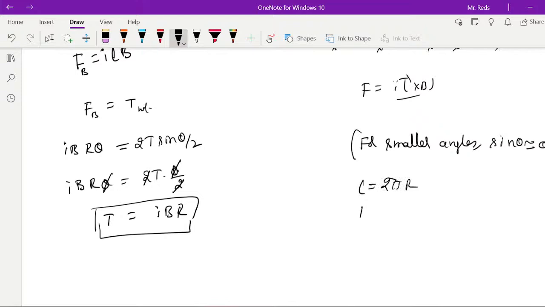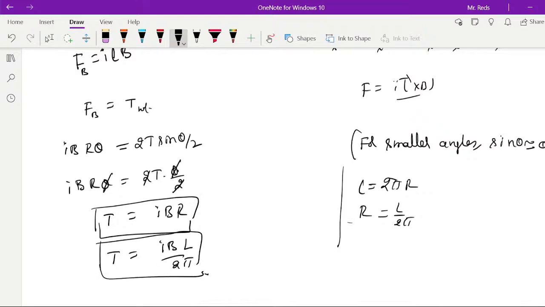From this you can say r is equal to L by 2 pi. So in terms of L, if you replace here, then the tension developed in the string in circular shape is IBL by 2 pi. This will be the tension developed in the string.